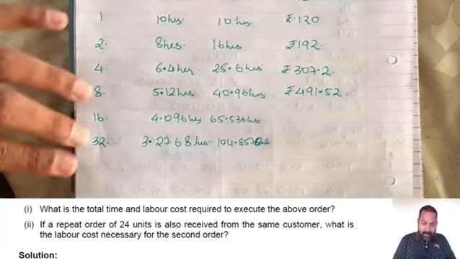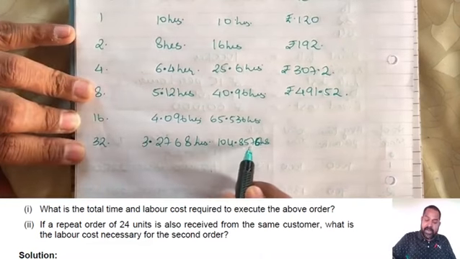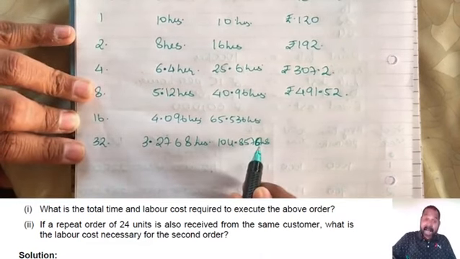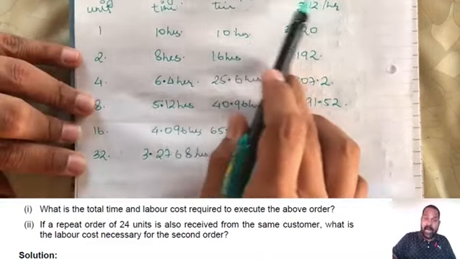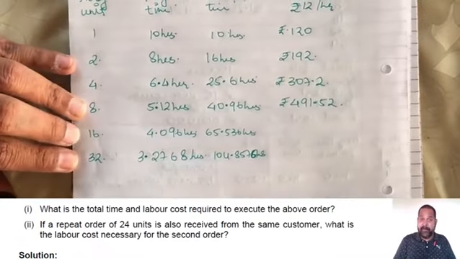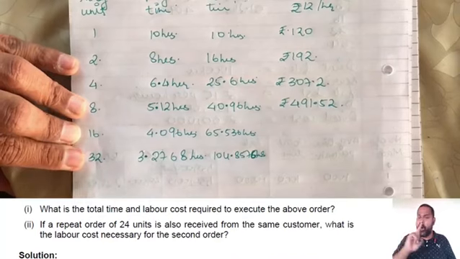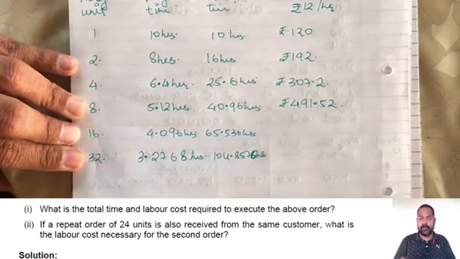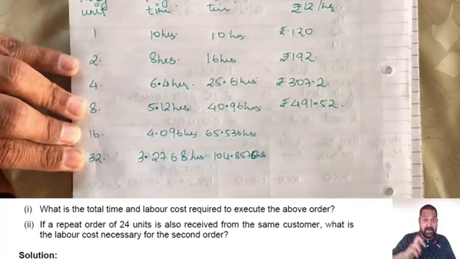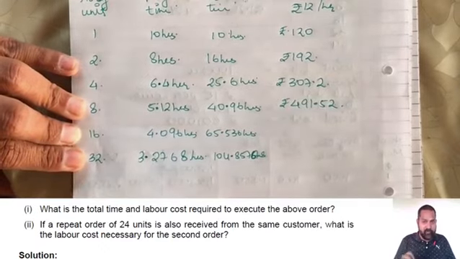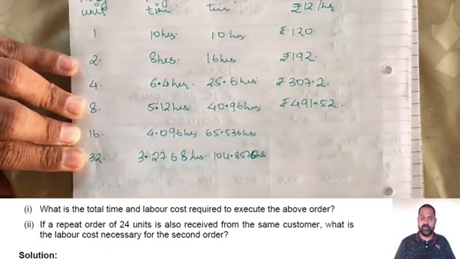If you multiply 104.8576 by the 12 rupees per hour, you will be giving them the cost of 32 units. They don't want the cost of all 32 units. They are saying that the repeat order that I gave you of 24 units, give me the cost of that.